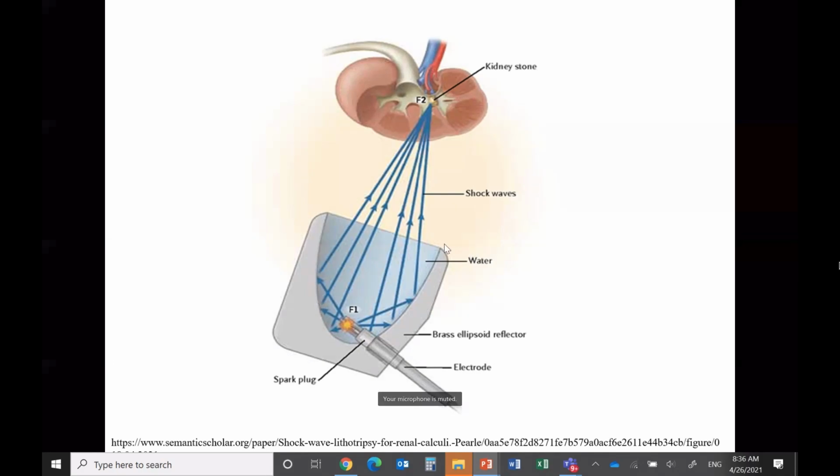This container is connected to the patient's body, and the electrical discharge is delivered in this area. Because of the very powerful discharge, sound is generated, and sound waves propagate through water to the patient.